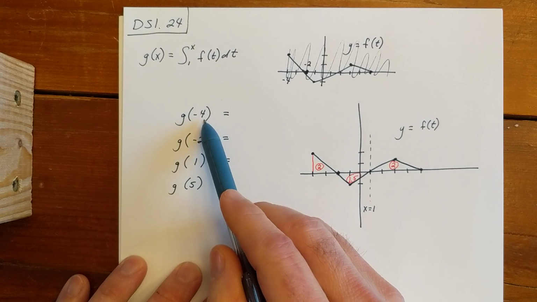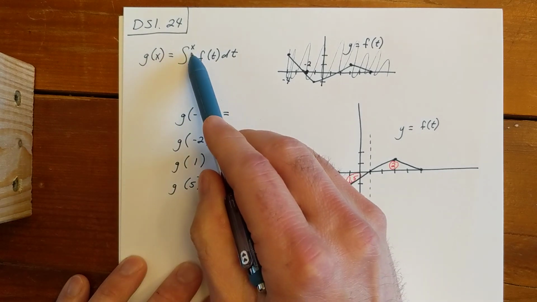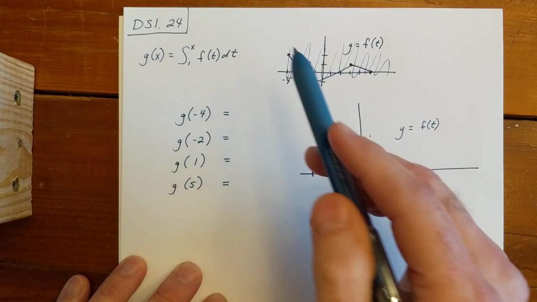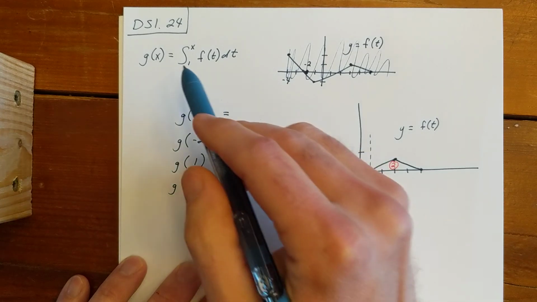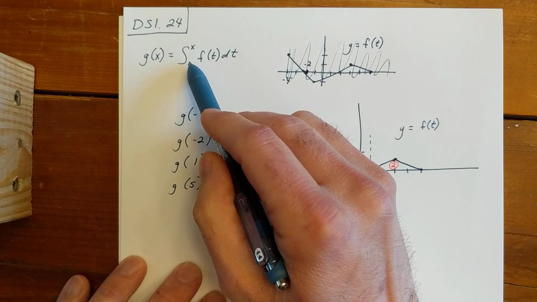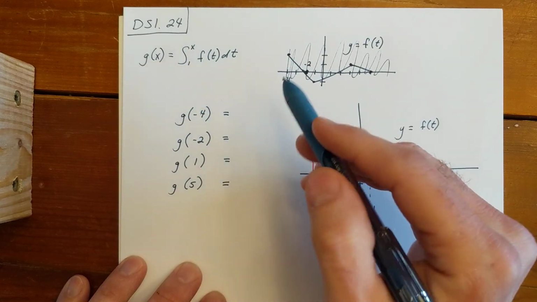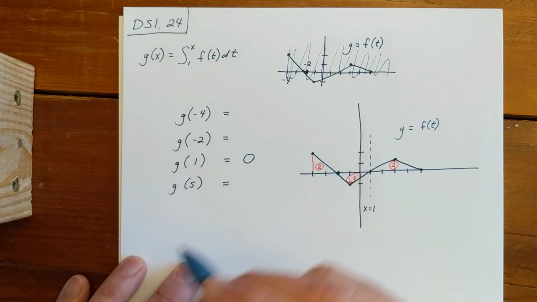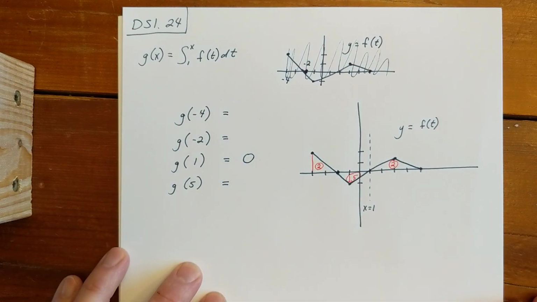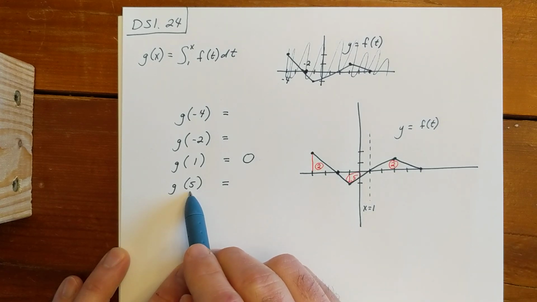Okay, so armed with that information, let's take a look at the four things we're being asked to find. These x values, -4, -2, 1, and 5, are what would go into this integral for f of t. So I want to start with the easiest, g of 1. G of 1 would be an integral from 1 to 1, and an integral with the same limits is always going to be 0. So that's one that we know for a fact. Out of the other three, I think the easiest one to measure next would be g of 5.